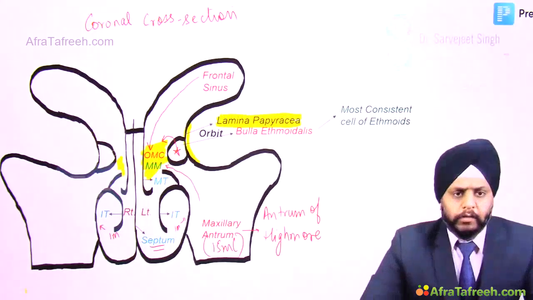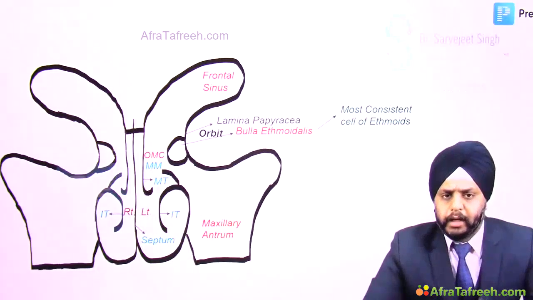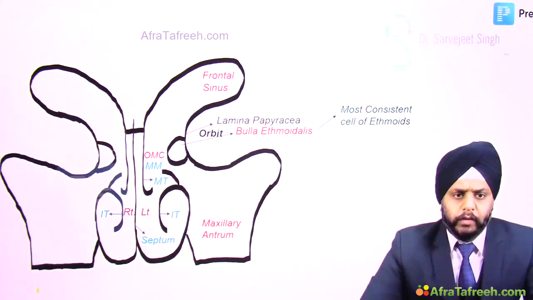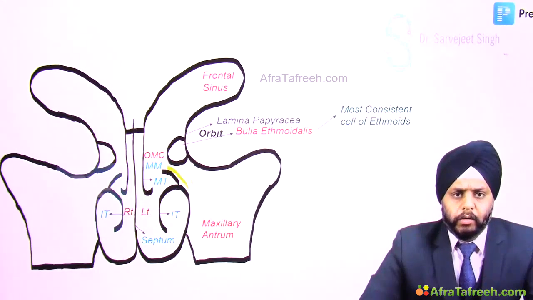All right, let's go further ahead. Let's look once again back at the maxillary antrum. So when we look at the maxillary antrum, what do we see? We see that this maxillary antrum is draining like this into the middle meatus. Now, if you notice over here, it is draining into the middle meatus.